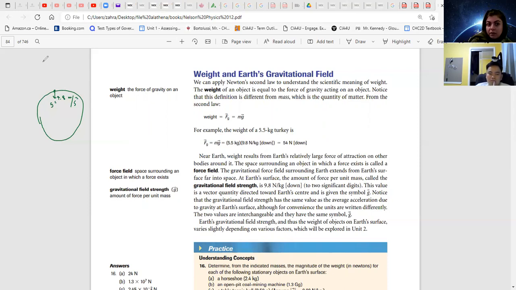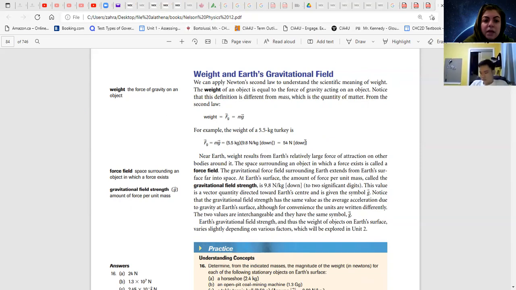As you go higher, of course the g is going to be different, right? The g will have another value when you go away from the Earth, because the more distance you are from the Earth, the weaker the field will be, right? So the force will be weaker and the gravitational acceleration is going to be smaller. But here we are on the surface of the Earth.